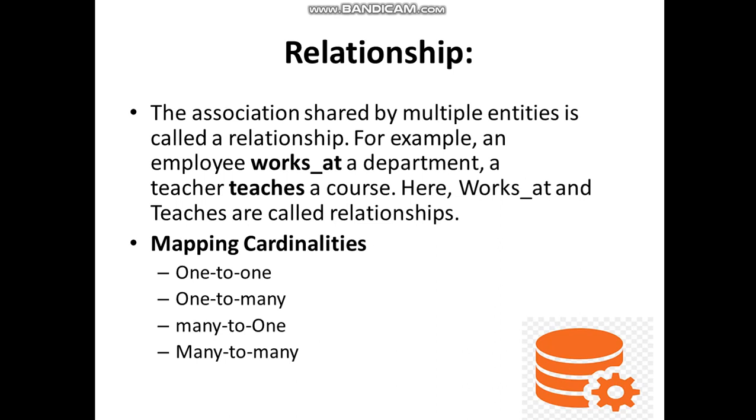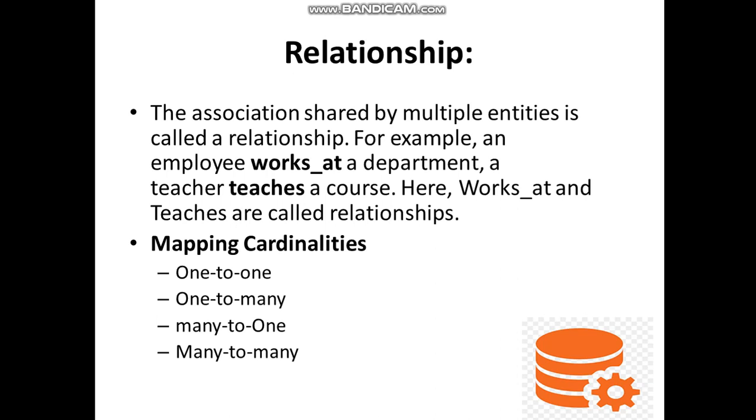Okay, next is mapping cardinalities. So we have four types of mapping cardinalities: one to one, one to many, many to one and many to many. What do you mean by one to one? One to one means one entity is associated with only one entity. For example, one student can enroll for only one course at a time. Next is one to many.